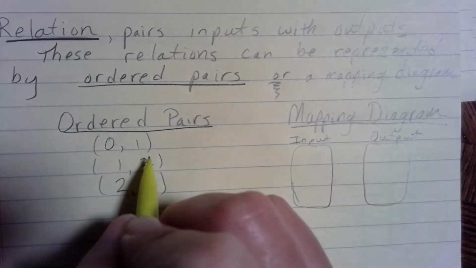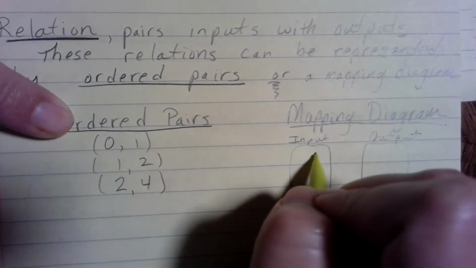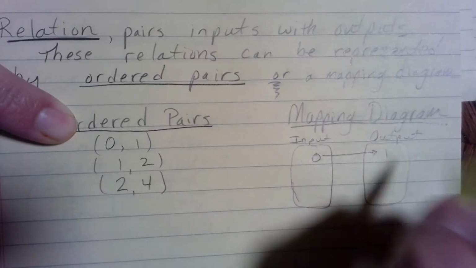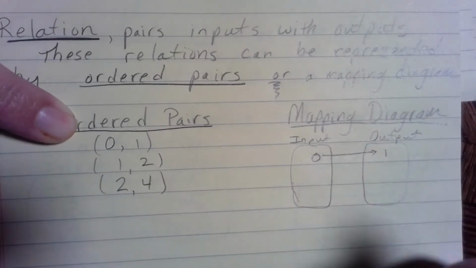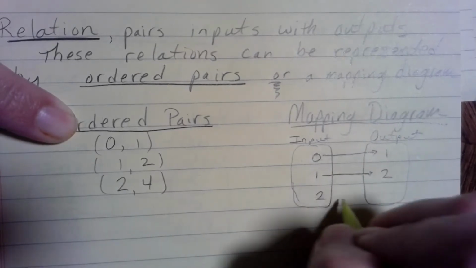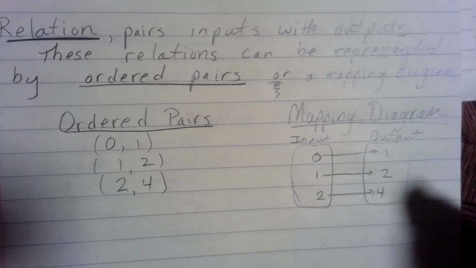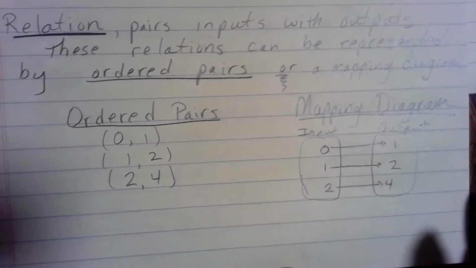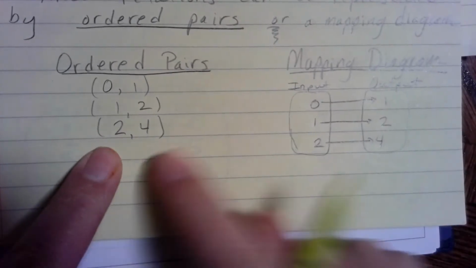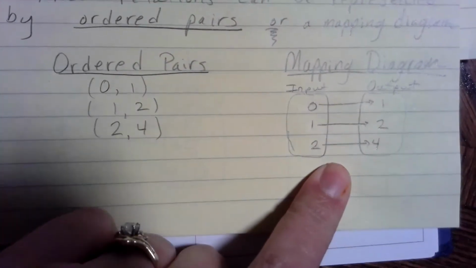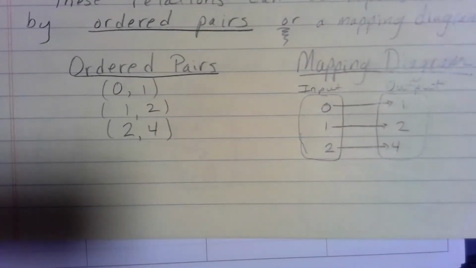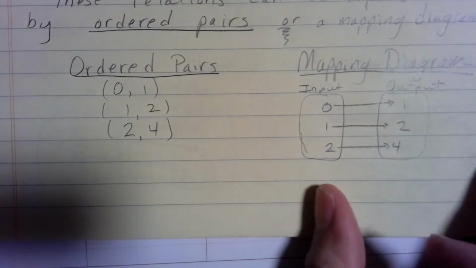Remember, the X is the input, and the output is its ordered pair. 0 goes to 1, 1 goes to 2, and 2 is with 4. So the relation between the ordered pairs can be written as a mapping diagram, written as such. All right, so that's what that looks like.